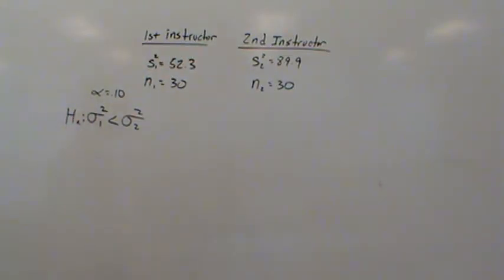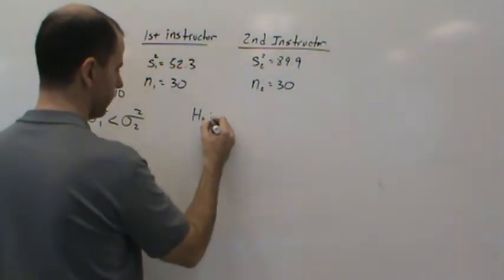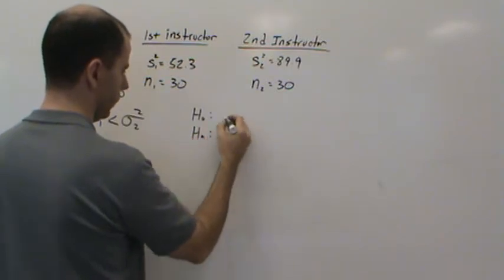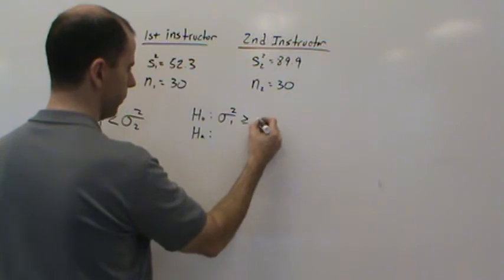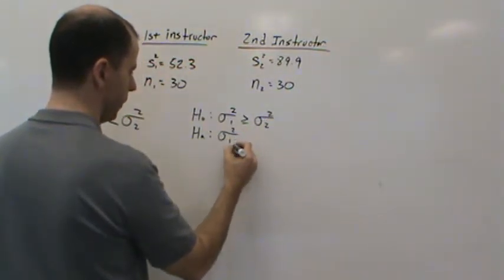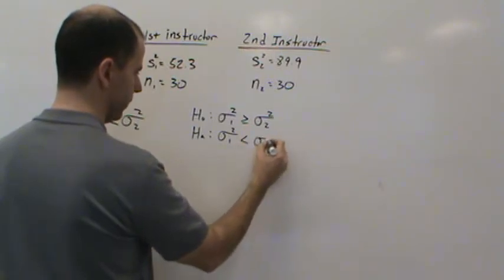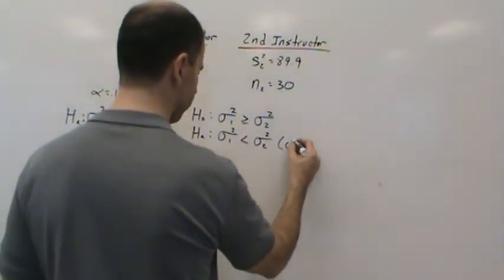Okay, make sense? Now, how do we set up our null and alternative then? It's going to be this. Sigma 1 squared is greater than or equal to sigma 2 squared, versus sigma 1 squared is less than sigma 2 squared, and this is the claim.